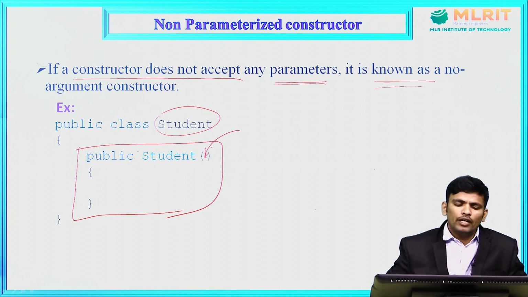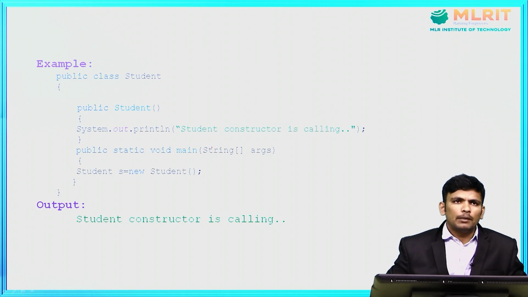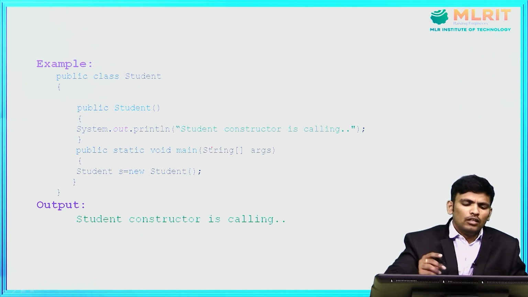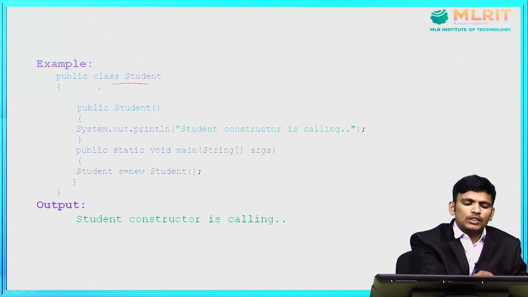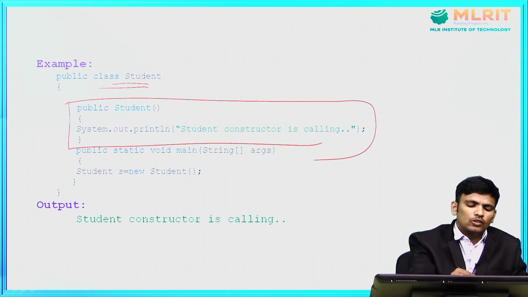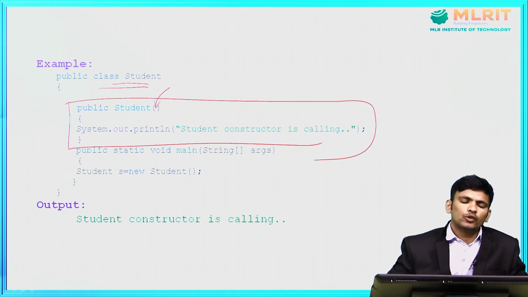So it is a non-parameterized or no-argument constructor. This is a sample example for a non-parameterized or zero-argument constructor. Here I have a class named Student, and I created a constructor, and the constructor is not accepting any parameter. So it is a no-argument or zero-argument constructor.